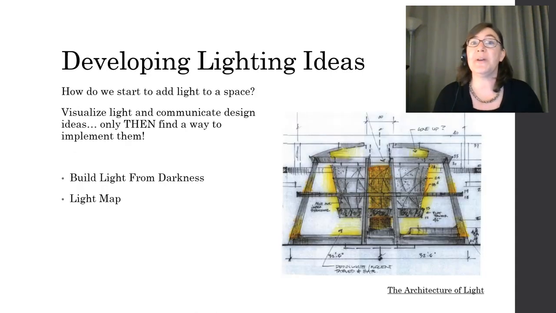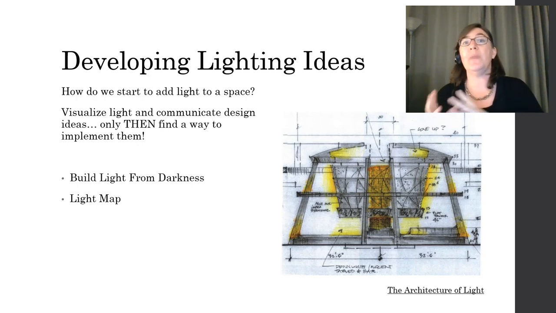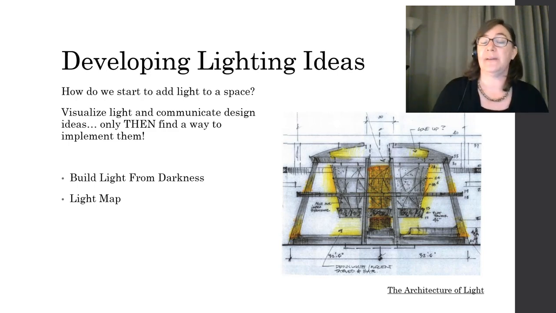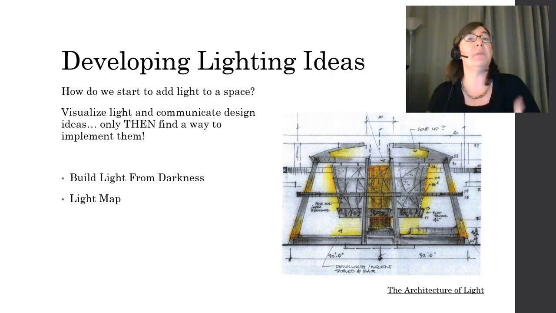All right, so those were some good tips, but how do we start? How do we start our lighting design process? How do we work on and develop these ideas? Well, the very first thing you want to do is visualize light. And once you have those design ideas, you need to communicate your design ideas.